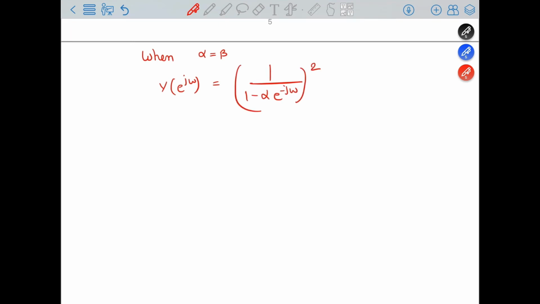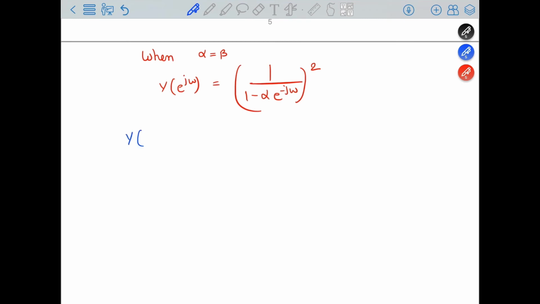It will have the form of 1 over (1 minus alpha e^{-jω}) squared. Now here we can use the frequency differentiation property, though it's not quite evident which property to use. There are other methods also, but just for the sake of understanding the properties well, we will use the frequency differentiation property.